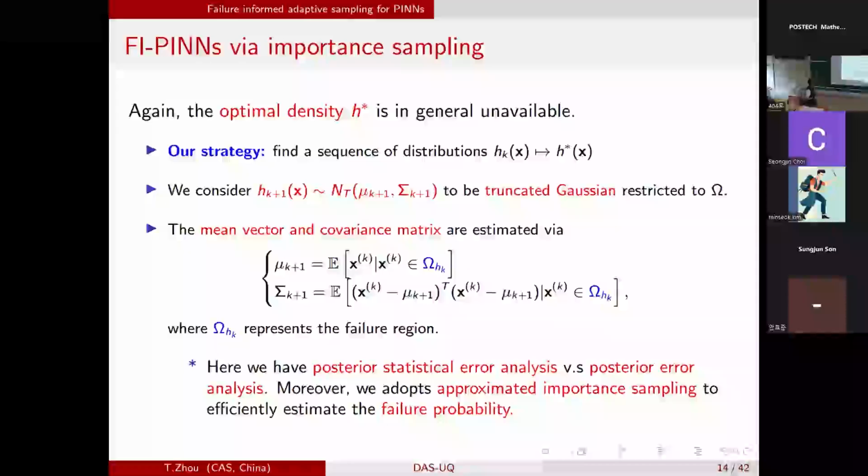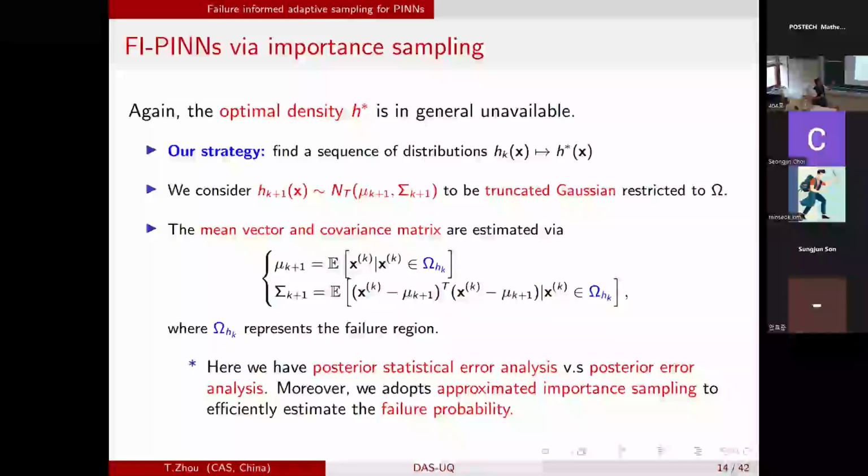So I only need to compute the mean and the variance of the random variable, and this is based on the failure points in the last step. In the last step, you have collected some failure points, which means that for these points the residue is very large, larger than your tolerance.